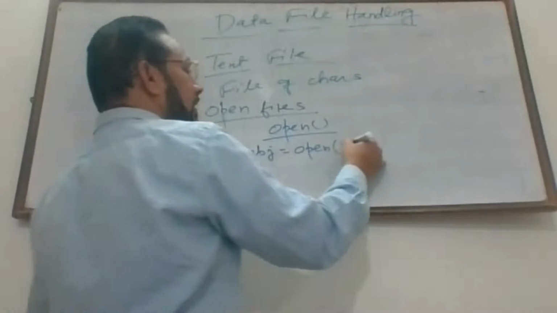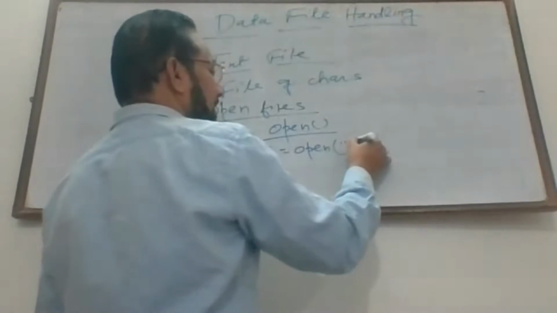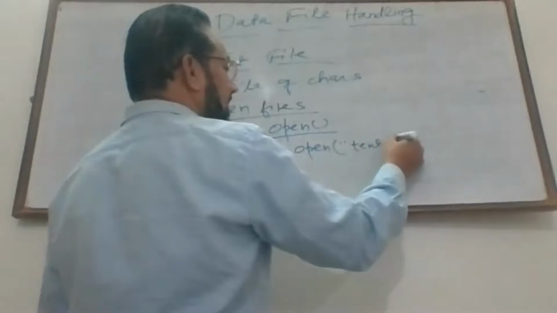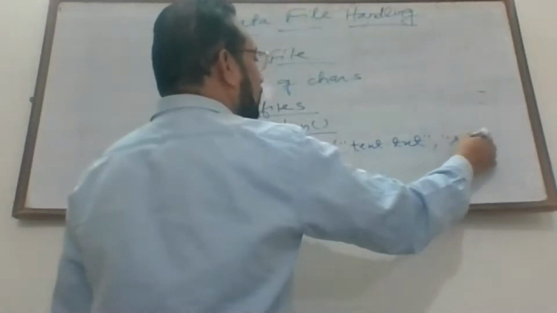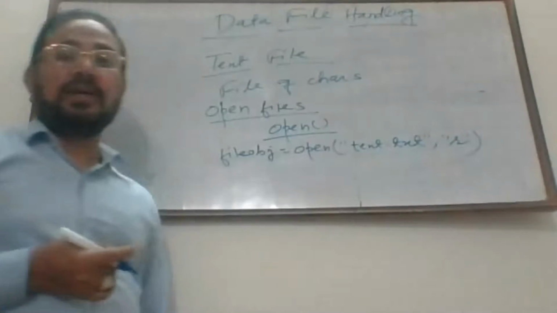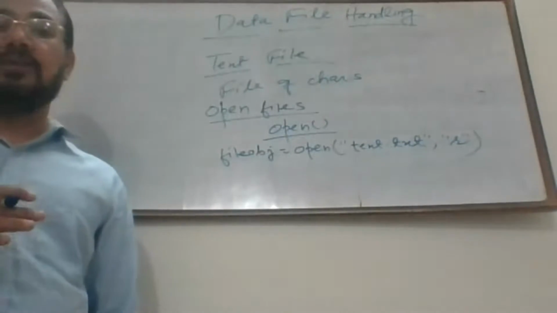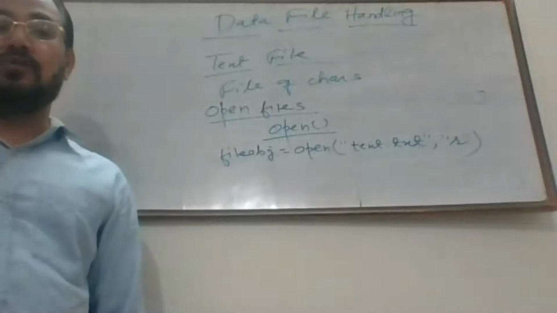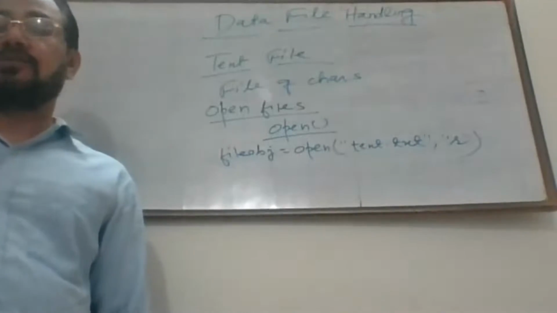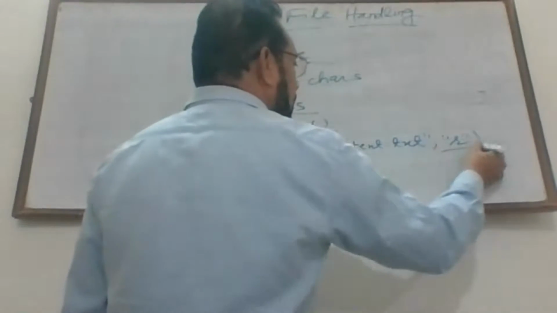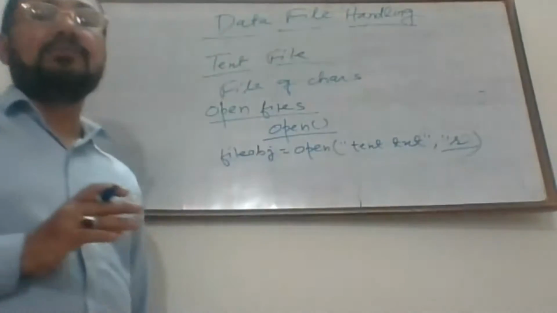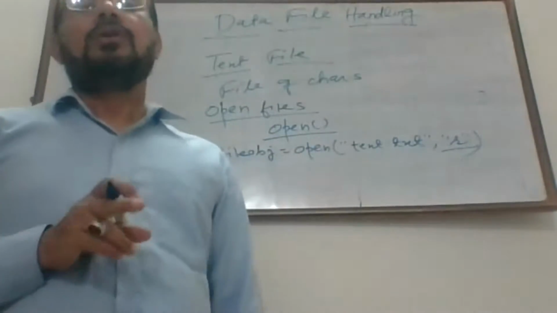Then you give the file name, suppose we are using a text file, so I will give the name text.txt, then a mode R. This is an example of how to open a file. Once a file is open, file_obj = open("text.txt", "r"), then only we can read or write. Here I have taken R mode, that means I will start with reading mode.